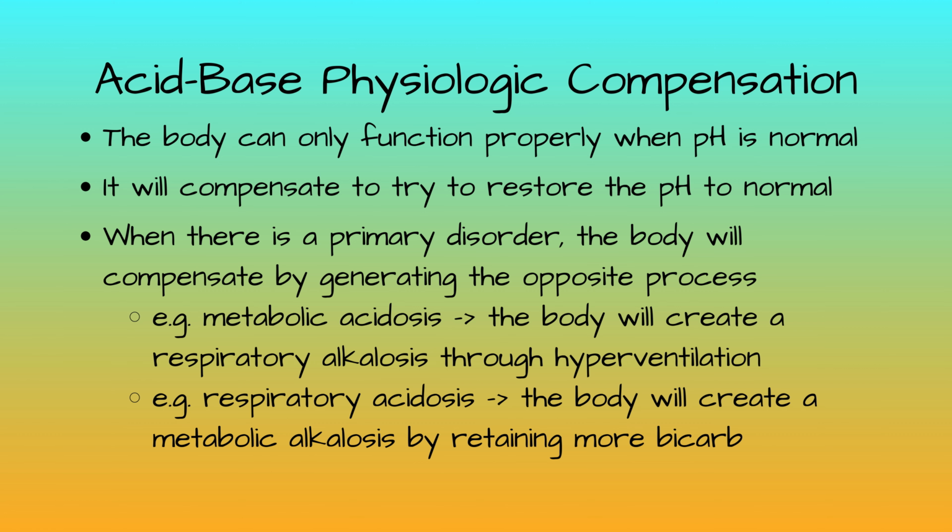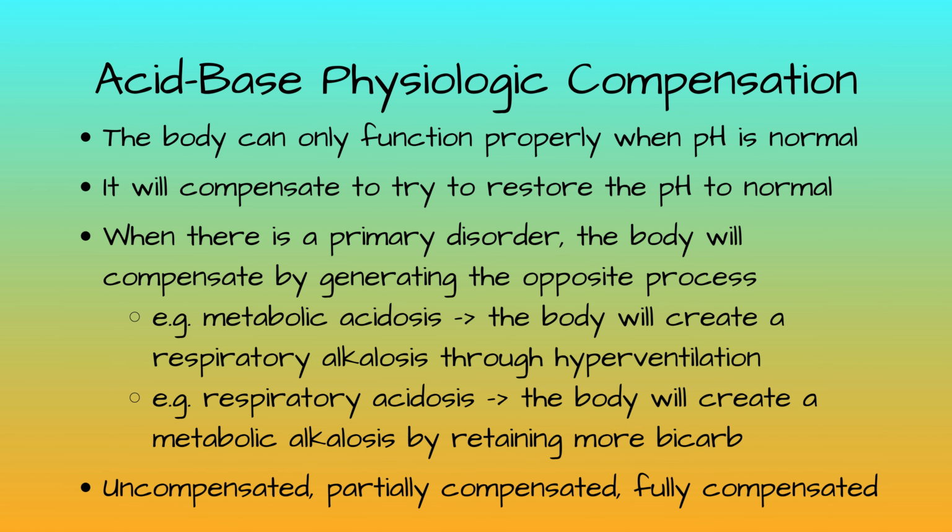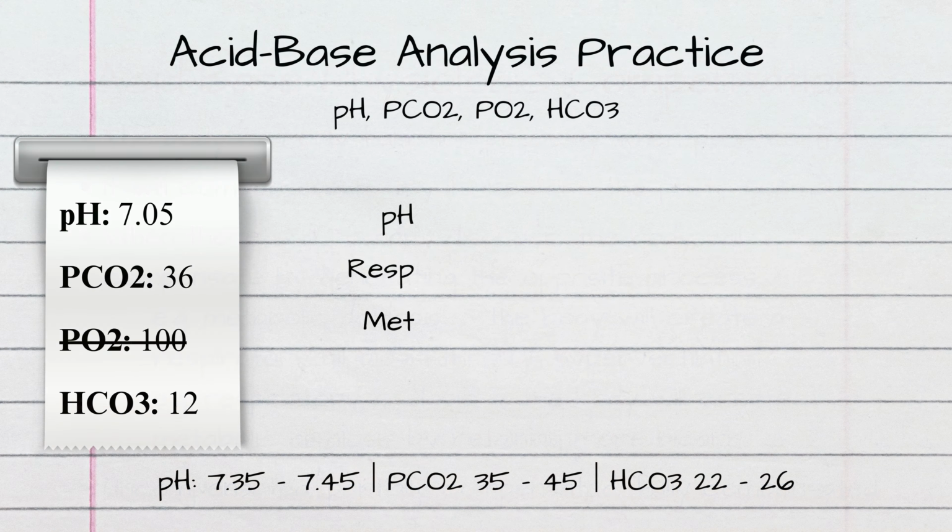When we talk about compensation, we have 3 choices: uncompensated, partially compensated, and fully compensated. Let's look at an example of each. Here, the pH is low, so we have an acidemic state. The respiratory process is normal, and the metabolic process is an acid.